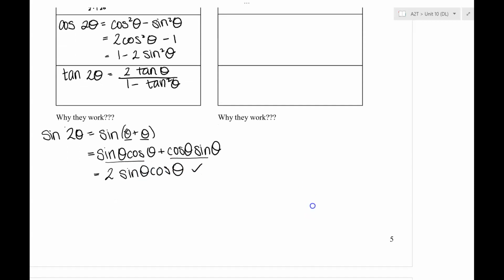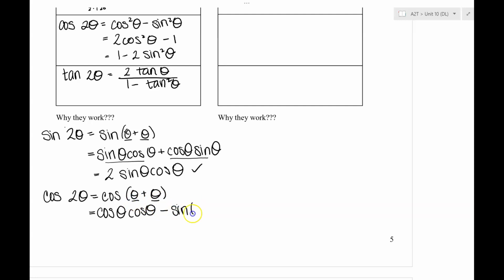Just to do the cosine one for you, it's the same idea. Cosine 2 theta. If I have cosine of theta plus theta, I have 2 thetas. The sum formula for cosine is cosine theta cosine theta, first angle, second angle, minus, because it's the opposite operation, sine theta sine theta, which leads us to cosine squared theta minus sine squared theta. Boom, there's the first one.